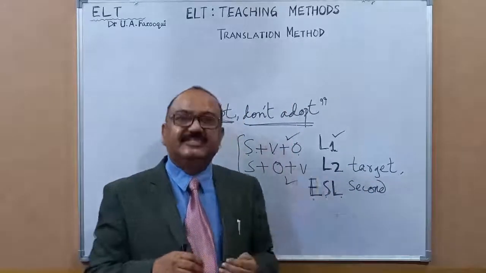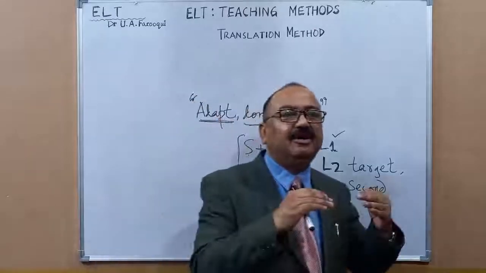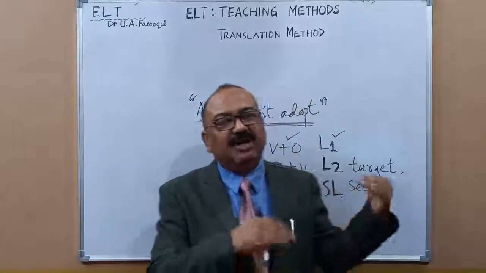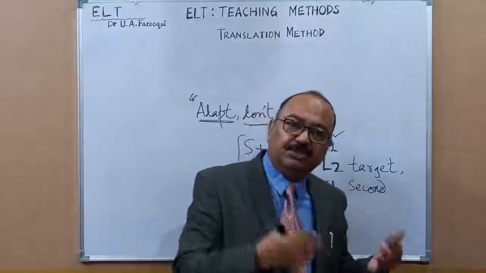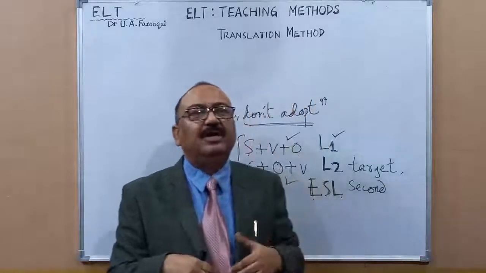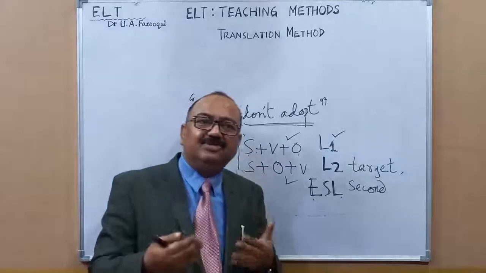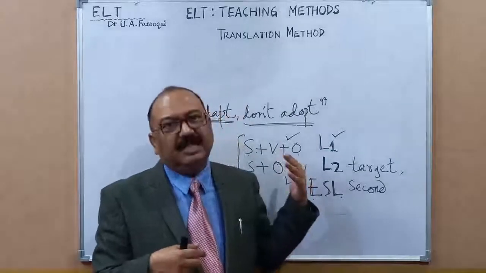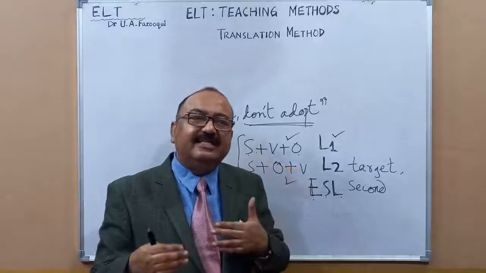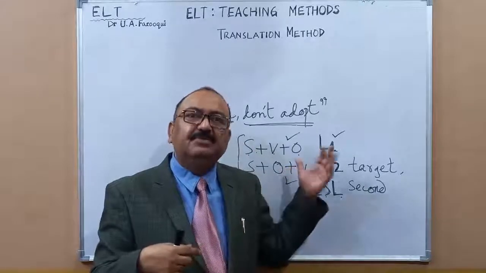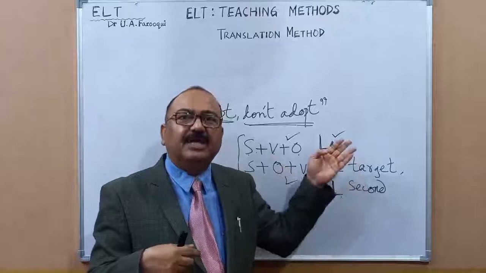Because this is an easy method, this is convenient, and students easily understand. Why? Because they move from known to unknown. They already know their mother tongue, they already know L1, and they learn the L2 through L1. A child learns the English language with the help of L1.